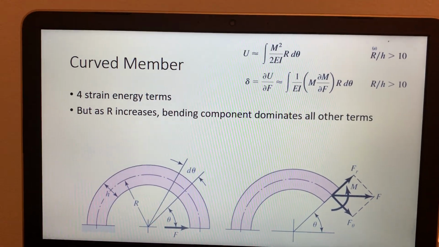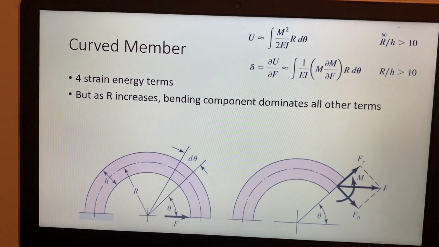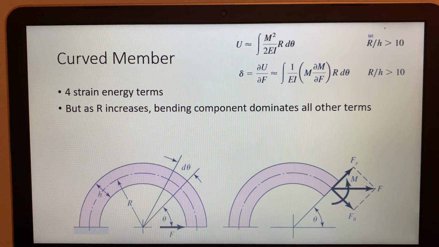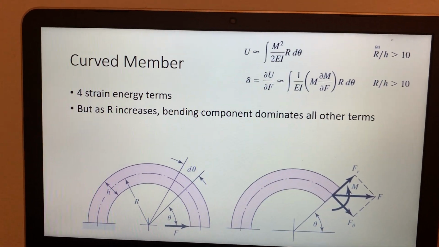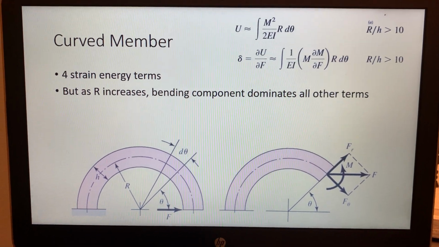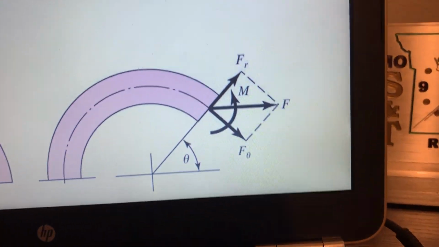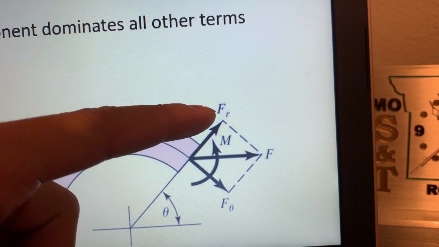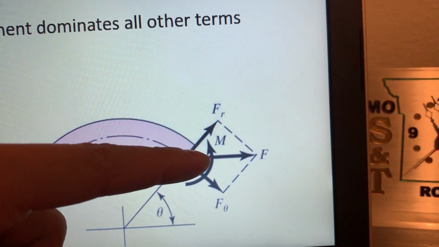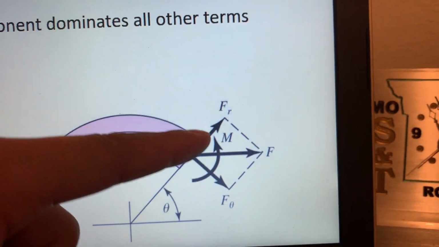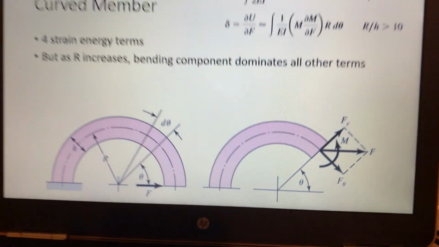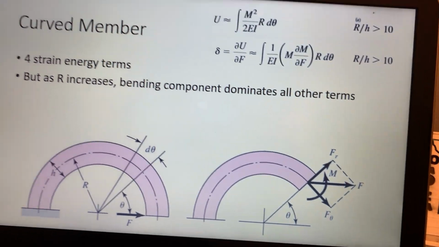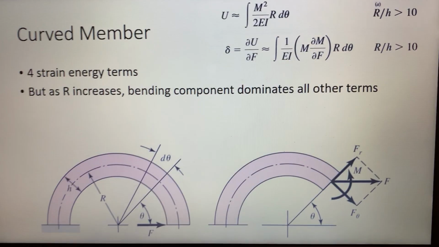However, if we have a curved member, it's a little different. A curved member, if you apply a force on it, is going to result in 4 strain energy terms. And that's from this radial force, this moment, this axial force, and then the applied force.